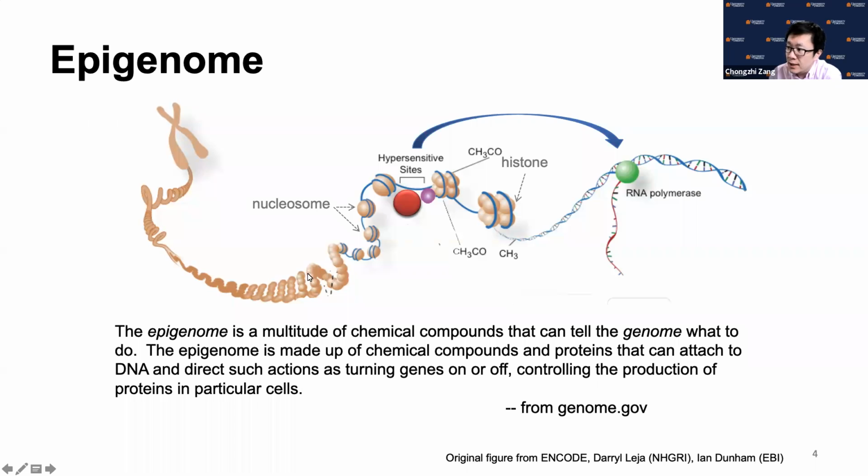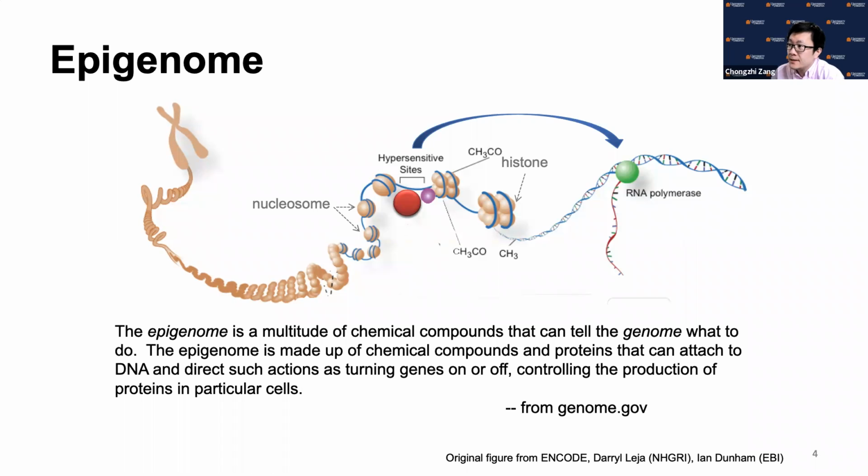After a few rounds of additional packaging, they form a very condensed structure of chromatin. In one cell nucleus, say a human cell, the entire DNA, if extended to a linear molecule, is about 2 meters long. But in the cell nucleus, it can condense into a very small size.